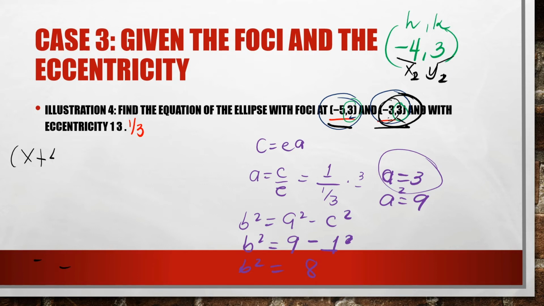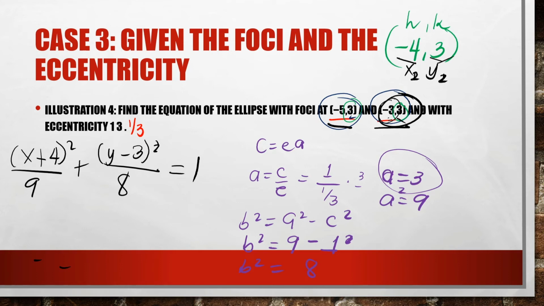So, magiging (x plus 4) squared over a squared, which is 9, plus (y minus k) squared over b squared. So, yung k natin is 3. Yung b squared natin is 8, is equal to 1. That is our final answer.